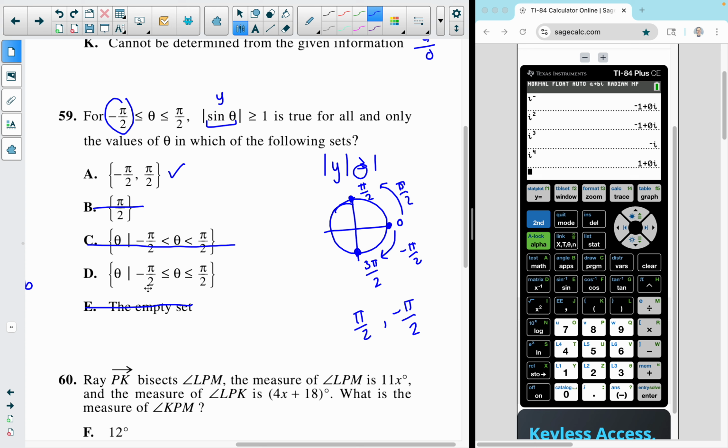This one says including and everything in between. So here, that y value is going to be lower than the 1. We need it to be bigger than the 1, so it cannot be in between these two sections. It can only be at these two spots, so it is not D. The answer is A.